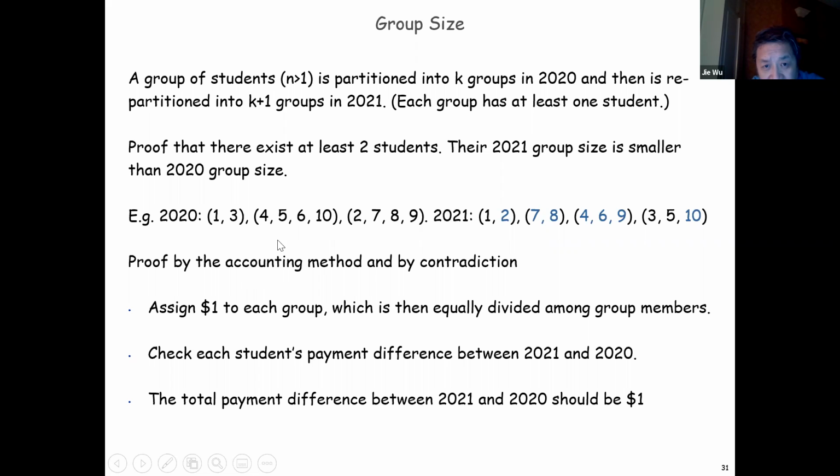Let's look at 10. How much money will that person get this time? It's 1/3. And last semester you got 1/4.